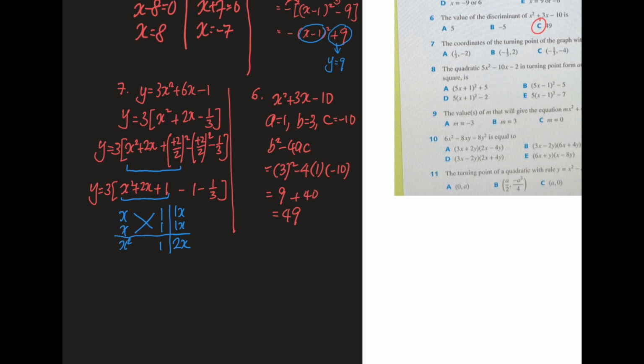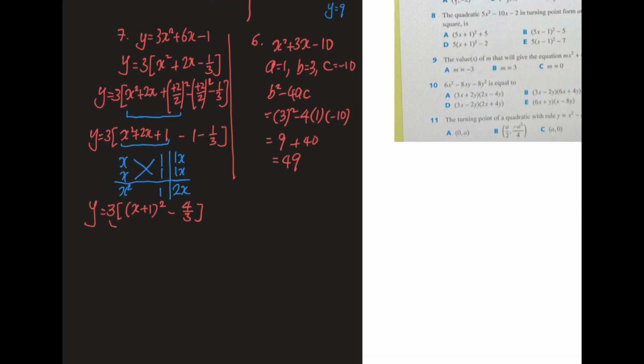So that means our factors are x plus 1. The second factor is also x plus 1. Okay, so we managed to factorize it. So we get 3 times x plus 1 and x plus 1. That's x plus 1 squared. And for the last two terms here, we just minus them. Minus 1 over 3 is minus 4 over 3.